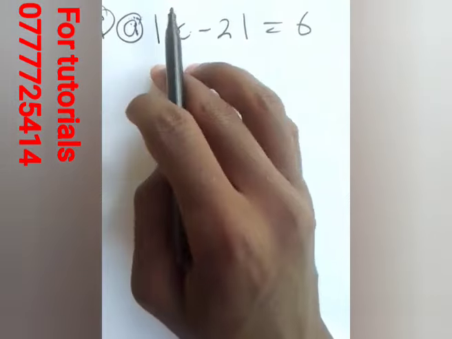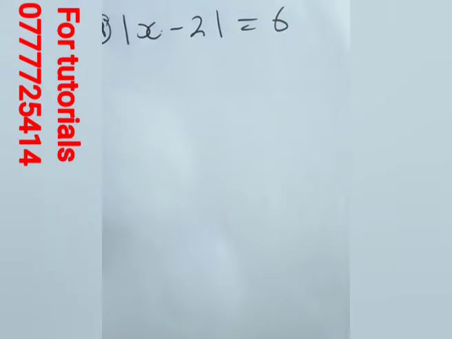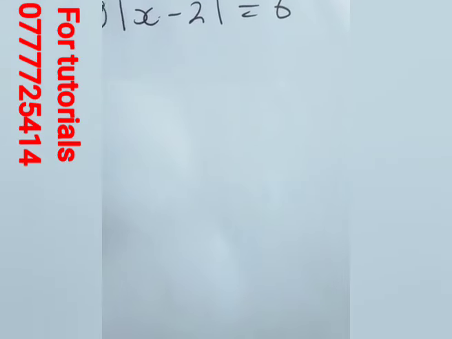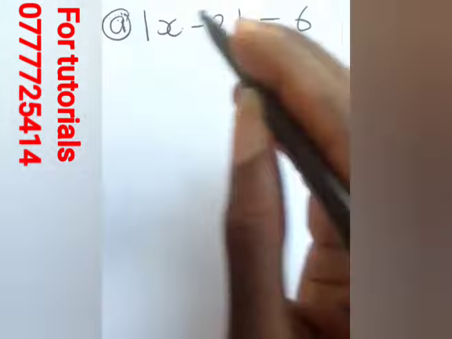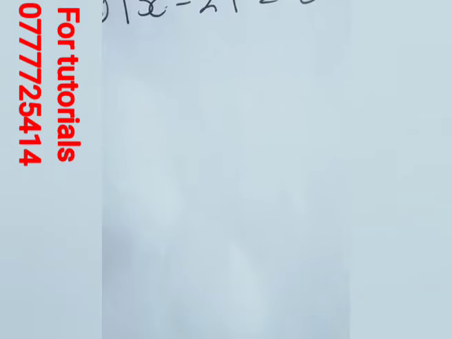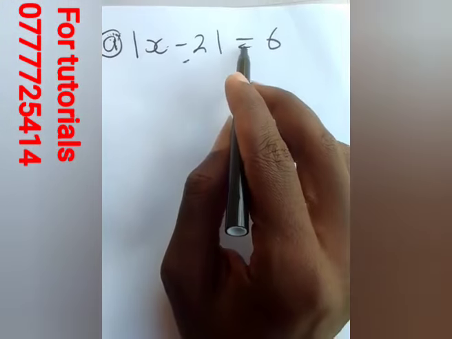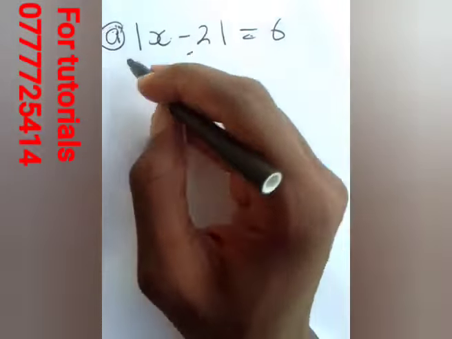We have a question here, the first question from the tutorial sheet. If you've understood the basics which I've just explained in less than 10 minutes, you can even solve this. Remember I told you that if you have an equation like this, and here there is an equal sign, you're going to split it.